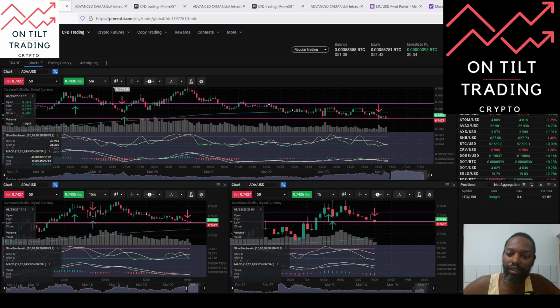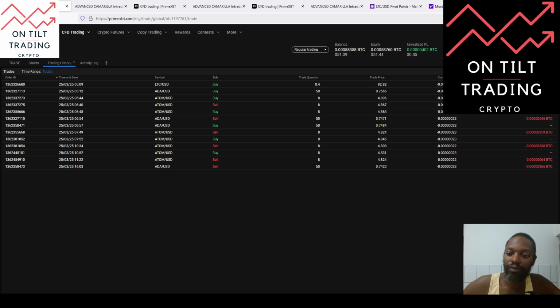Actually, let's see some numbers on Cardano. These are my tickets for today. With Cardano, this was my first entry at 5:12. Then my first stop out at 6:54, and this was for around about 57 cents, let's say.